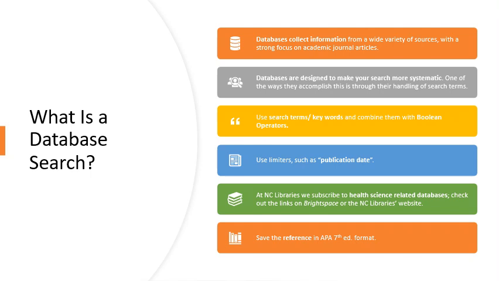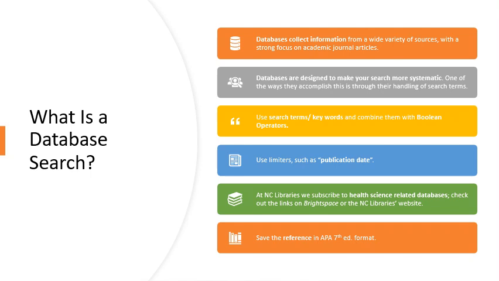Chapters from books could also appear. So it really will give you a great variety of information. And they're designed to make your search more systematic. And so one of the ways it does this is how it handles your search terms and how you can refine your search results.